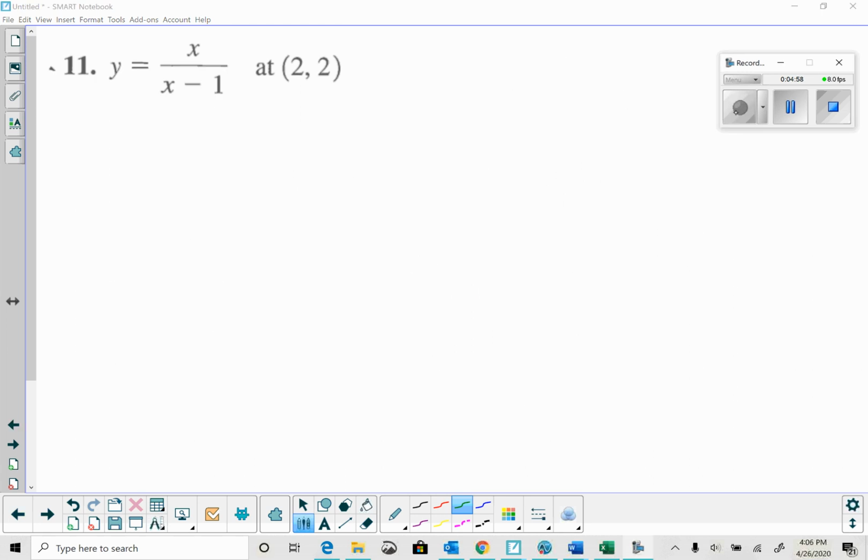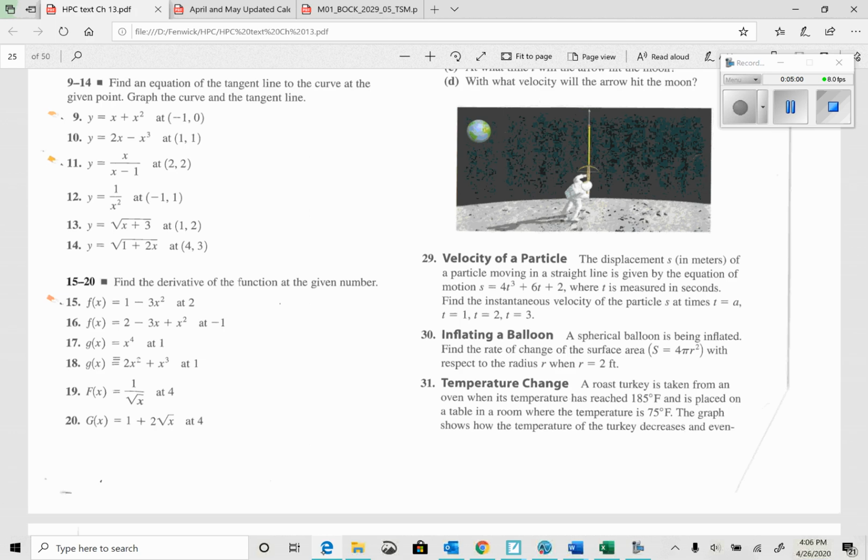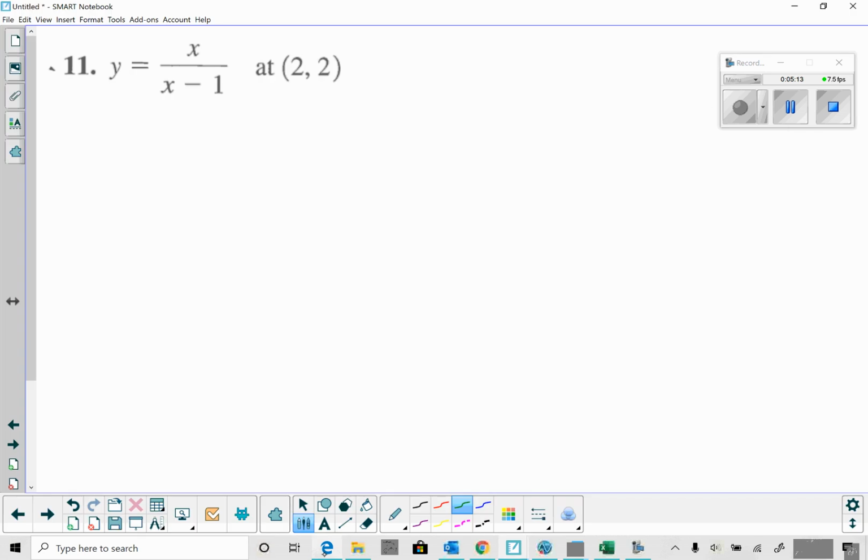For problem number 11, they challenged us to take that a step further. Find the equation of the tangent line to the curve at the given point. Ooh, then graph it. Well, hey, we got graphing calculators. That's not too intimidating. So we're going to start off the same way here as we just did with number 7.